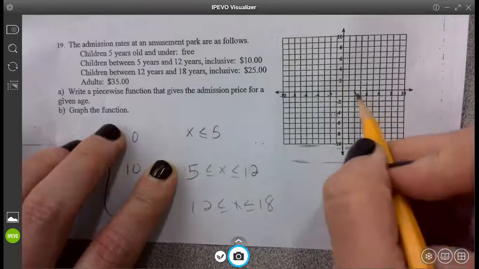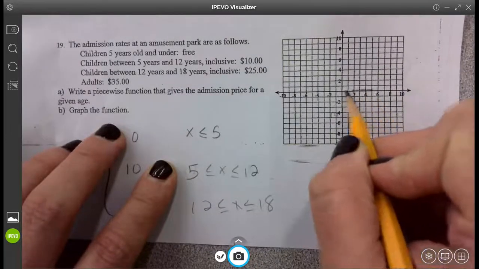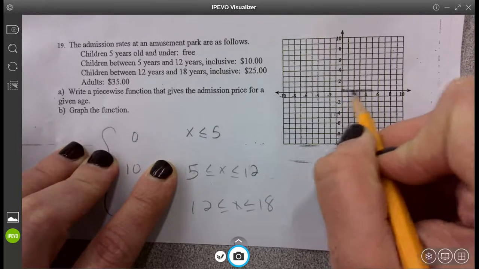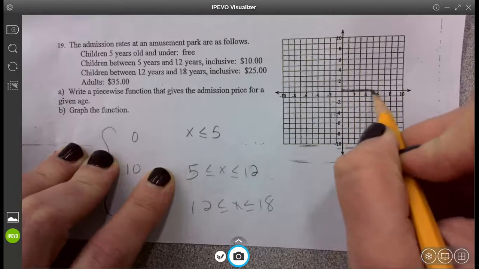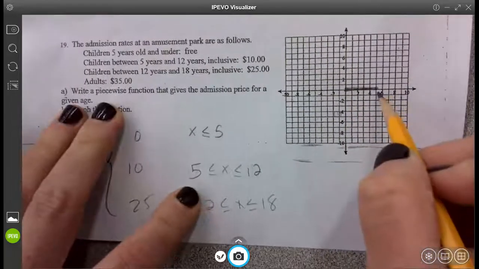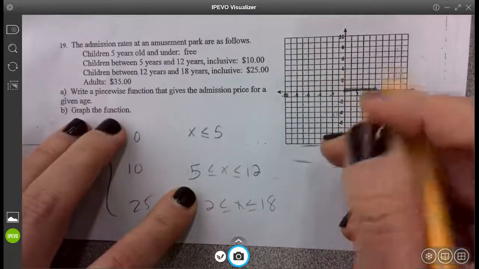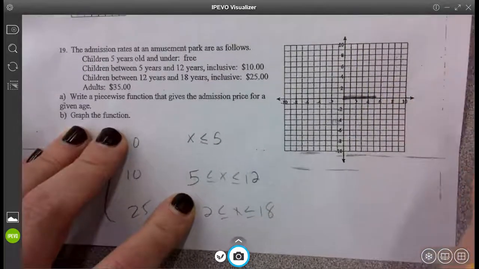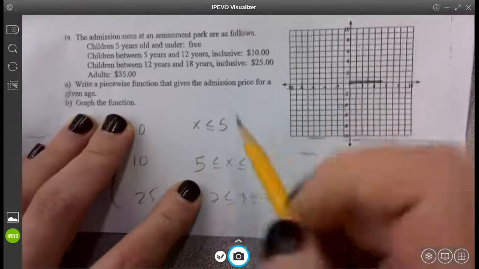If you are 5 years old and younger, you are $0. So $0, 0, 0, 0. So this line's filled in. You don't have to have an open circle because you're just $0. If you are 5 to 12 years old, well, that's confusing.